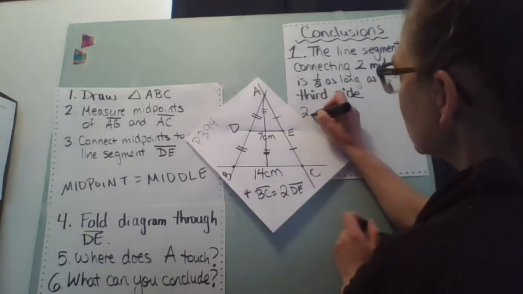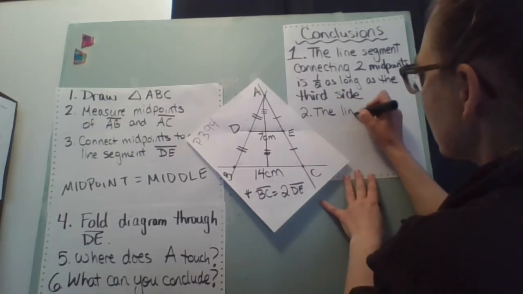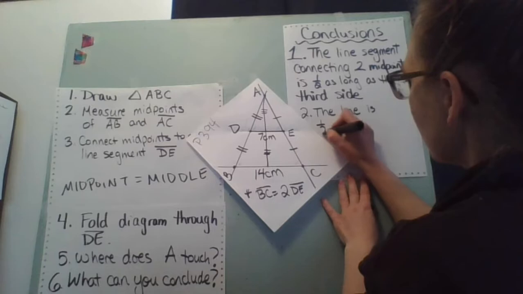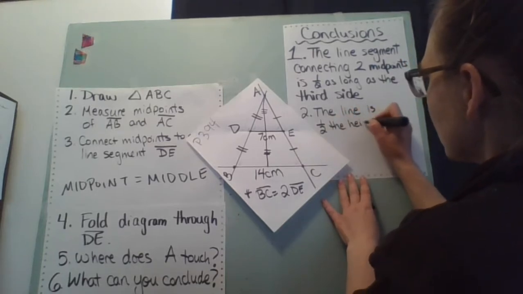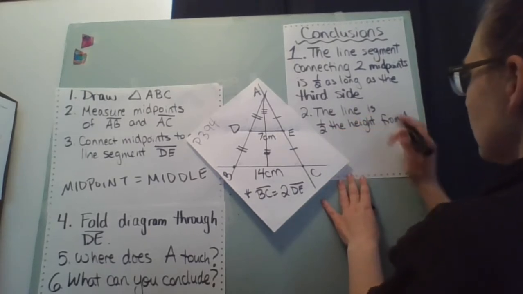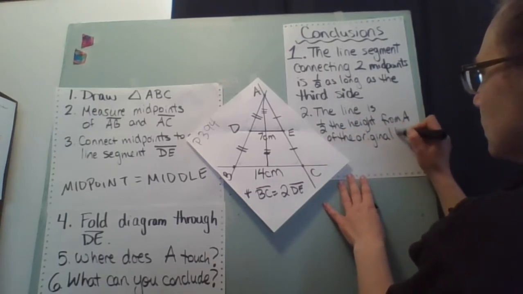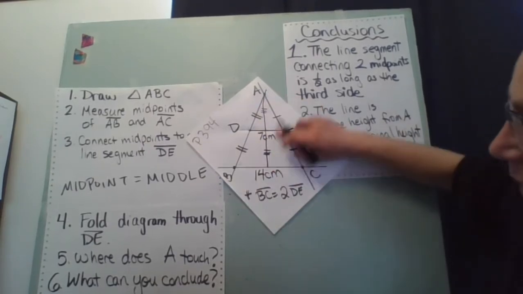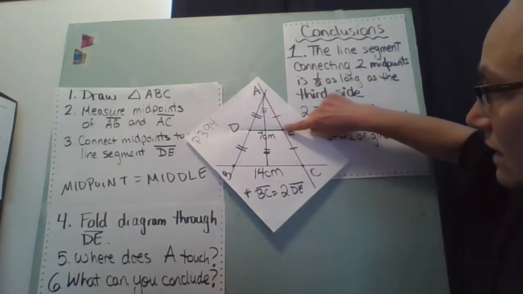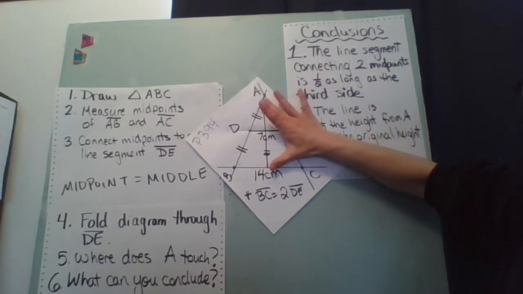So conclusions: the line is half the height from A of the, this is a terrible sentence, I'm sorry, original height. So that midpoint line there is splitting my height in 2. Okay? So not only is this line half the length of this line, but this line and this line are each half the length of the whole.